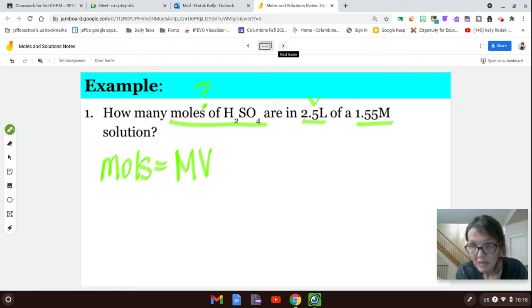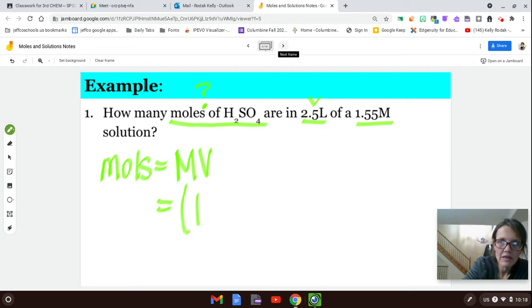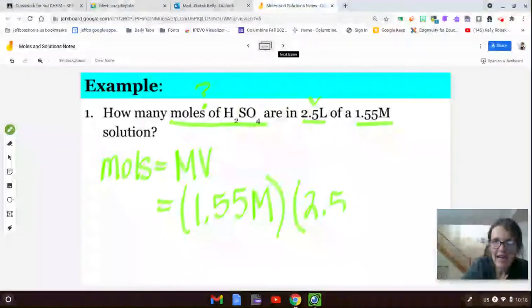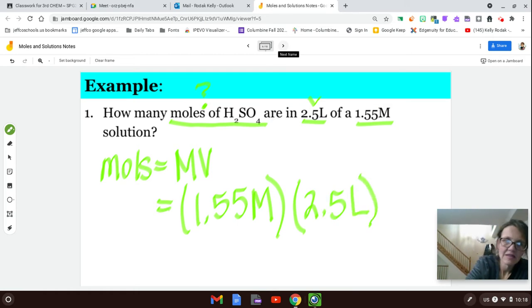And then we're simply just going to plug in the numbers like we were doing with the ideal gas law. It's so simple. So the molarity is 1.55, right, that capital M represents molarity, and the volume is 2.5 liters.